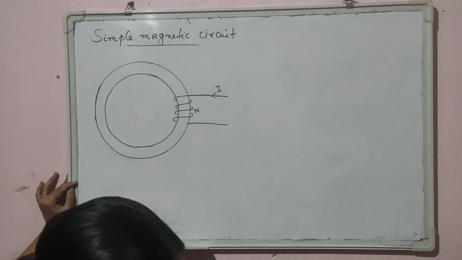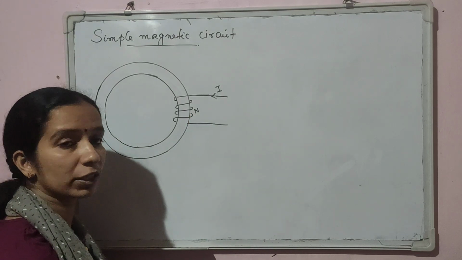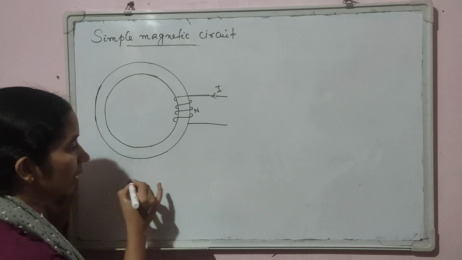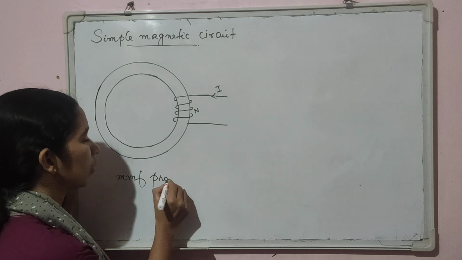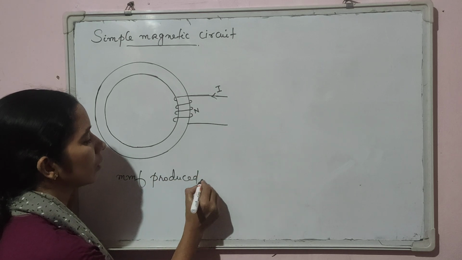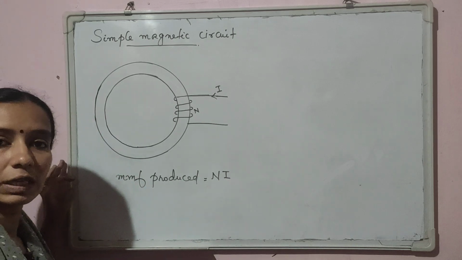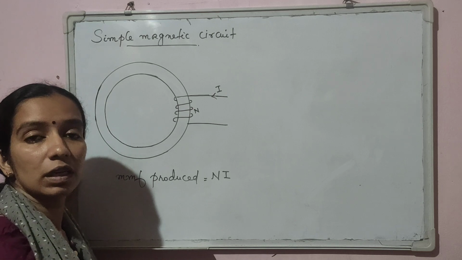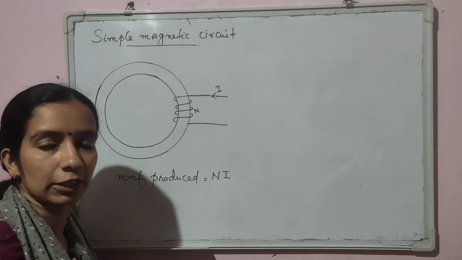MMF will be produced in the circuit. So the MMF produced is equal to N into I. We know what MMF is. MMF, or magnetomotive force, is a force that sets up flux in a magnetic circuit.